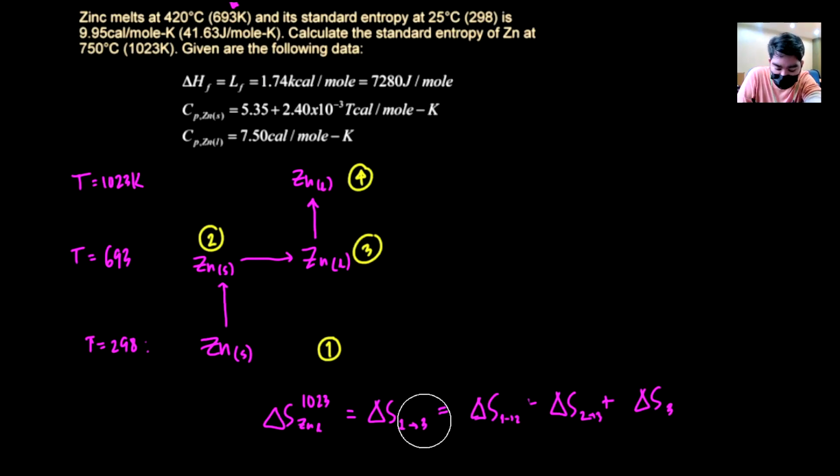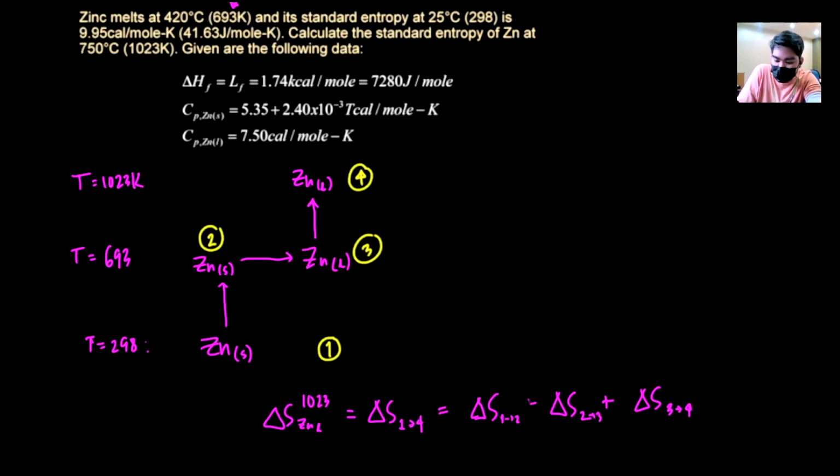So this is supposed to be from state 1 to state 4. Tama? From state 1 to 2, 2 to 3, then lastly 3 to 4. Okay? So yun yung mga delta S na kailangan natin.